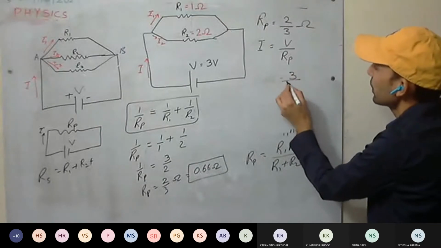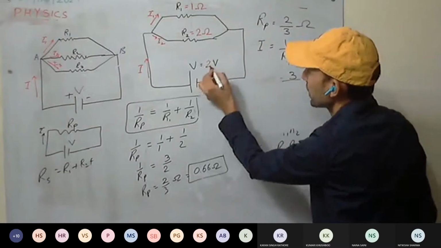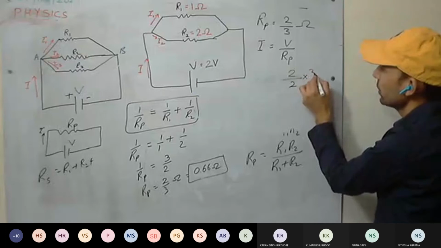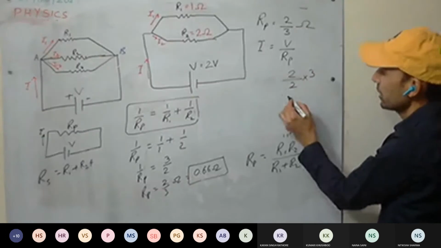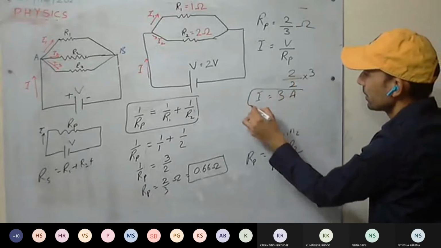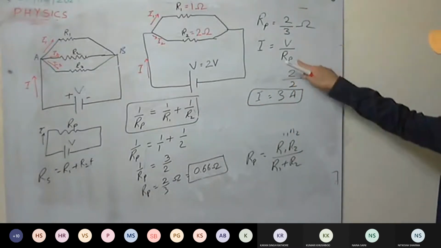It will be 3 divided by 2 by 3. Okay, we take it as 2 volts, that will be easier. 2 divided by 2 into 3. The 2 gets cancelled. So I equal to 3 amperes. V by Rp only we are doing.